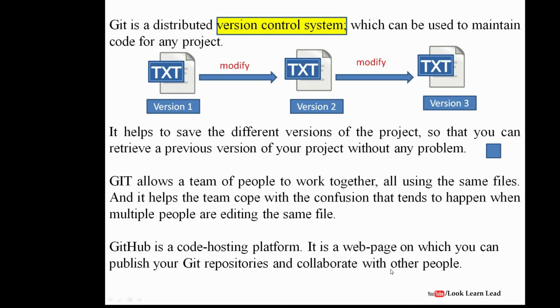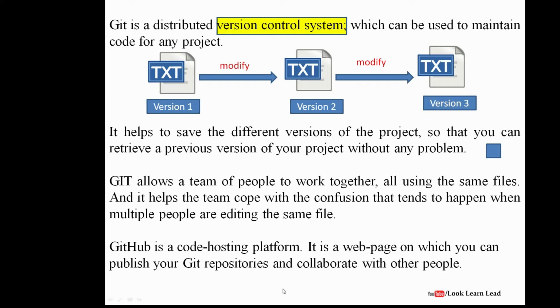You can compare GitHub with Facebook, where you can share your images, your videos, and post your posts. In the same way, it is a Facebook for programmers. They can post their code on that page so that other people can view it and alter it, and they can post it themselves. So this is how Git and GitHub work.